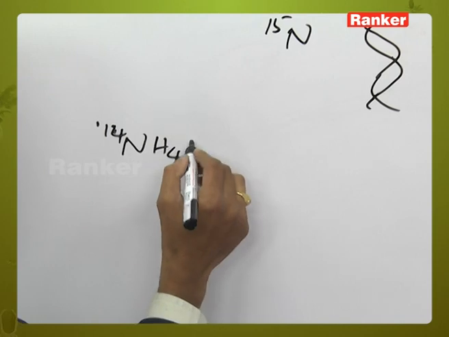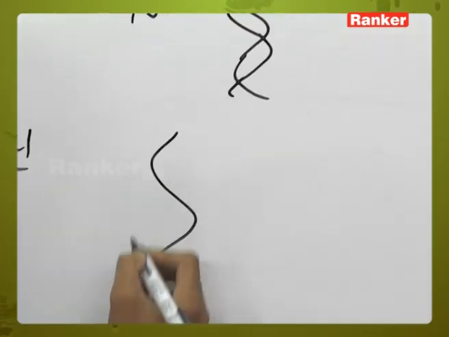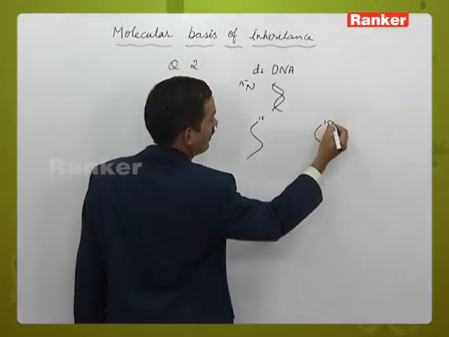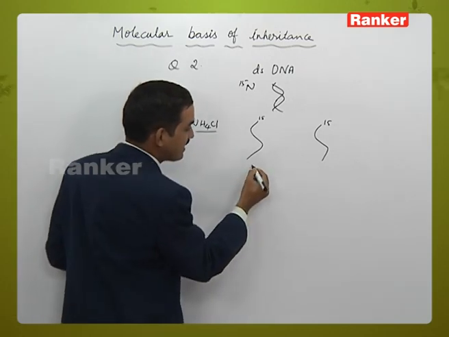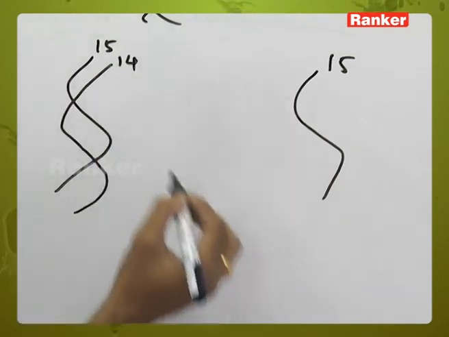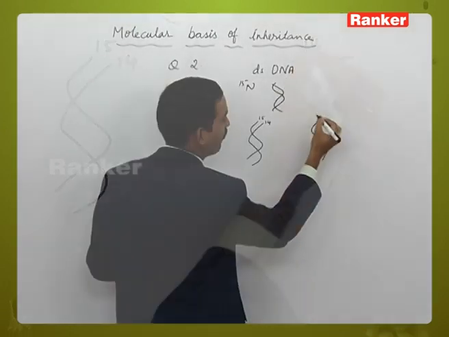Now let us take this one kept in NH4Cl. In the first generation the two strands separate out. These two are the 15 strands. When they replicate in N14 medium, they synthesize a new strand in which the nitrogen base contains N14, and the other also synthesizes a new N14 strand.